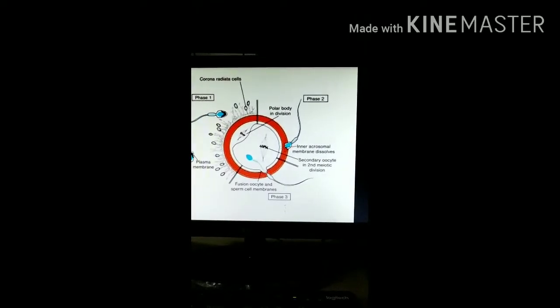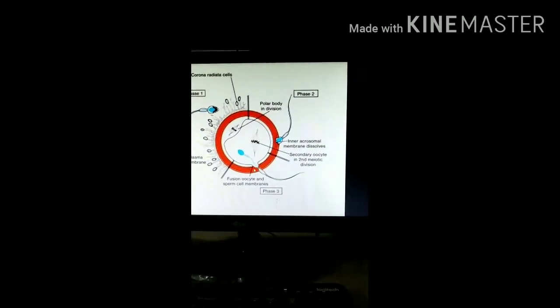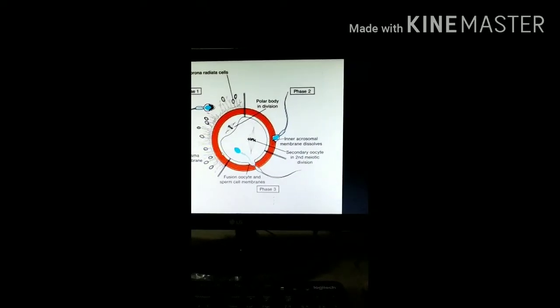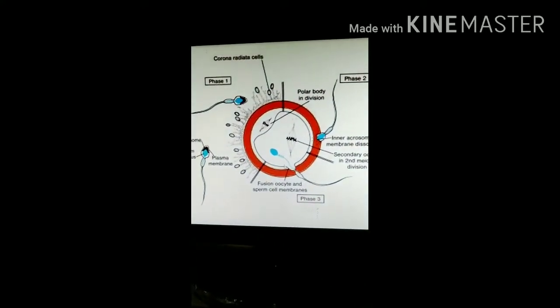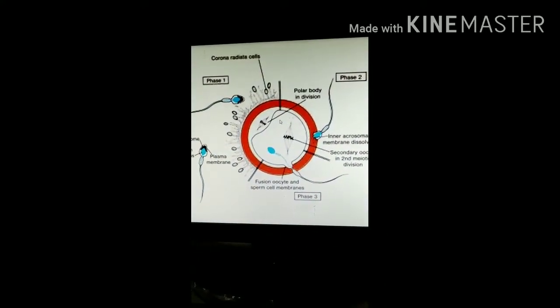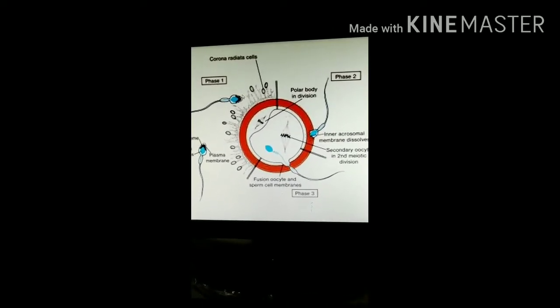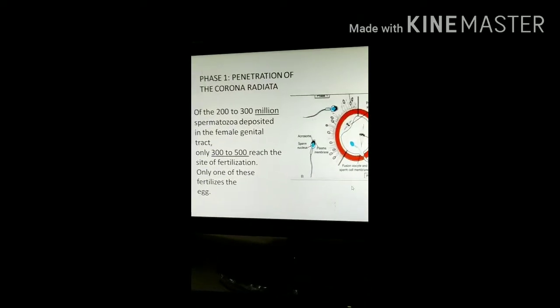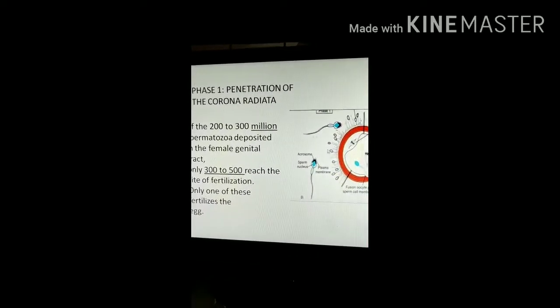This is the first phase, then the second phase, and this is the third phase. So this is the figure; you should try to draw and label it: first the oocyte, perivitelline space, zona pellucida, and then phase 1, phase 2, and phase 3. Now we discuss phase 1, penetration of the corona radiata.